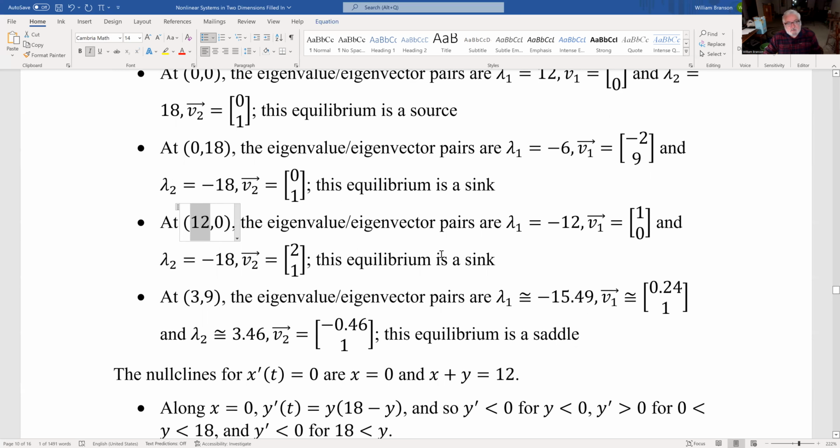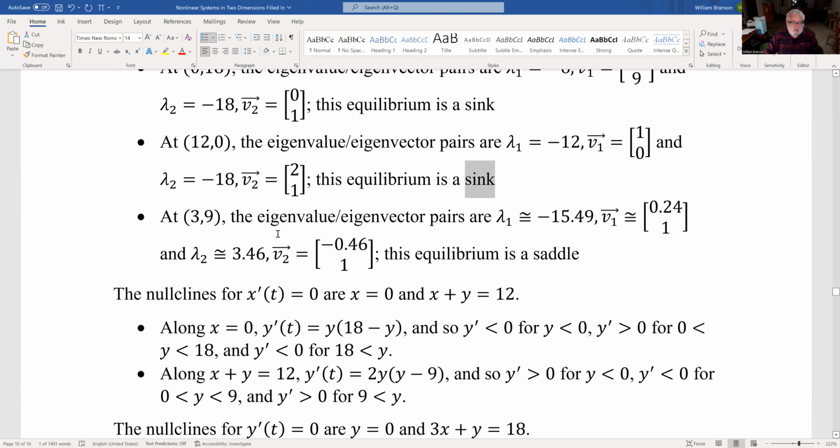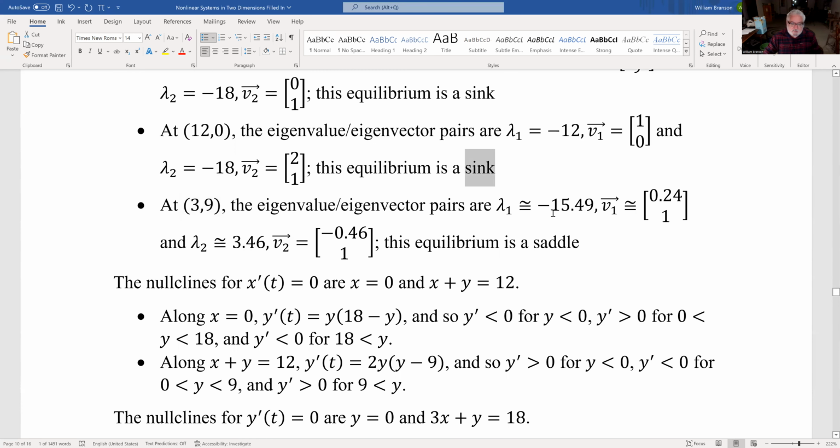If you're close to the equilibrium number for the X animals, then since you're near a sink, you'll tend to the sink, and that means that you'll end up with 12 X animals but no Y animals. 3, 9 is an equilibrium, but you've got one negative and one positive eigenvalue, so you have a saddle.